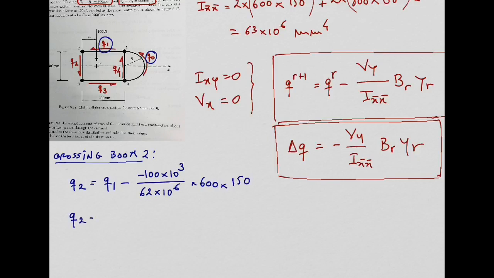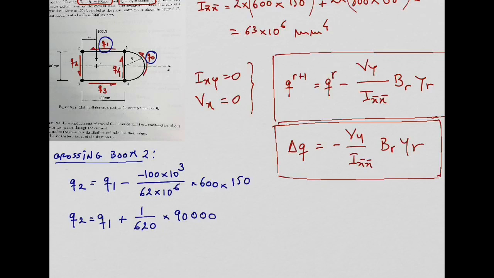So we can say Q2 equal to Q1 plus 1 over 620, you agree? Times 90,000, right? Is this correct or not?